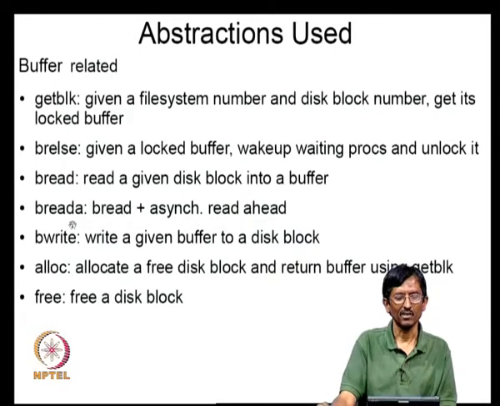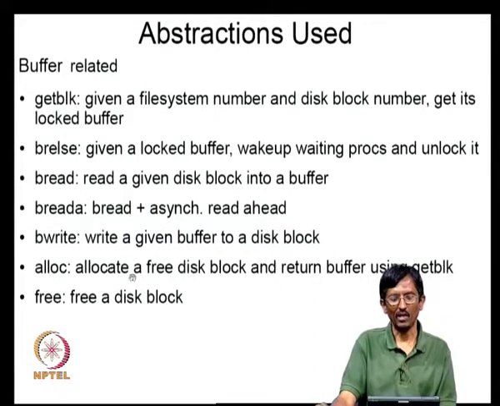Okay. So again, write a given buffer to a disk block: basically it allocates a free disk block and returns a buffer using get block. Basically you have to allocate a free disk block here, and only then can you do a get block on it. So this is a higher level routine which uses get block.